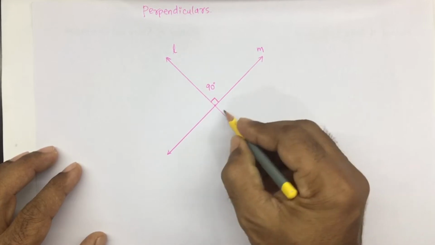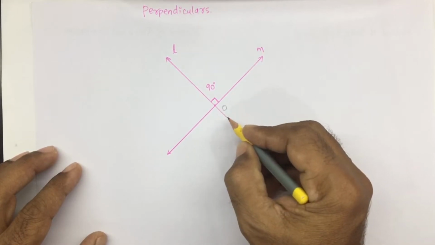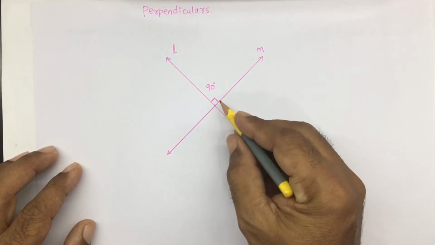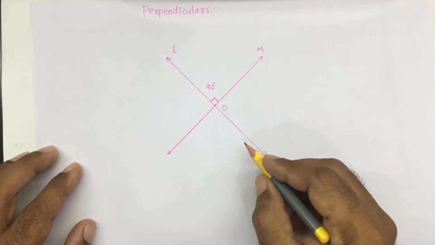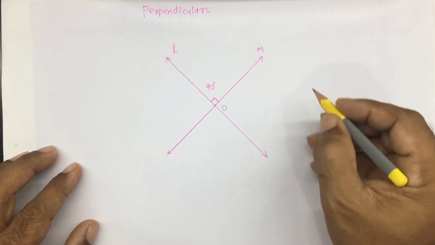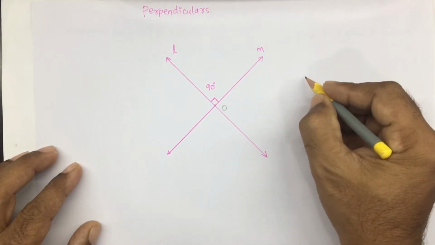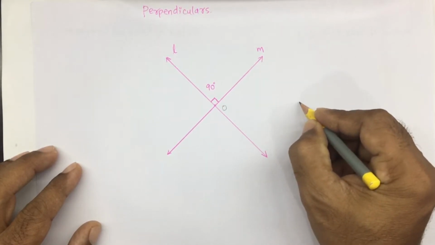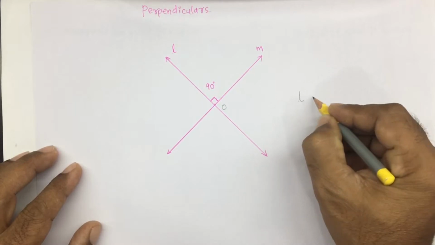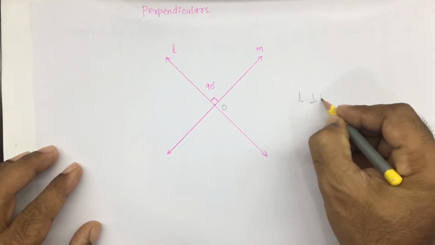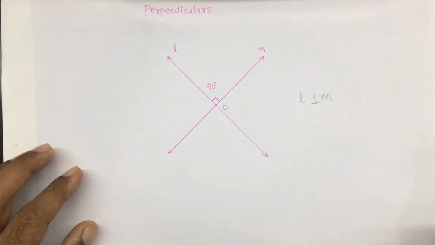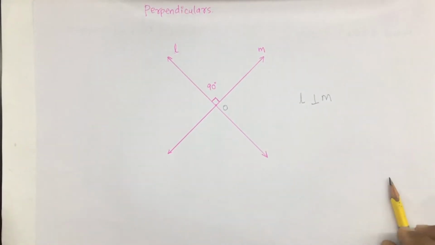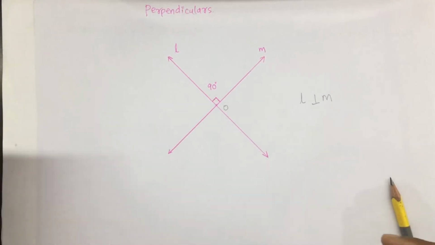Let us call it O, and at O they are making a right angle, 90 degrees. So these two lines are said to be perpendicular to each other, and we can represent this as L is perpendicular to M.